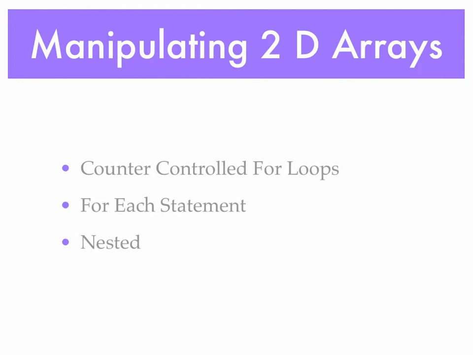A for each statement also allows me to be sure how many times I go through a loop. However, with a for each statement, as I iterate through an array, I can only access the elements in the array. I can't change them. With a counter-controlled for loop, I can access and change the elements. We'll concentrate on counter-controlled loops here, and we'll have nesting as we use those counter-controlled loops.